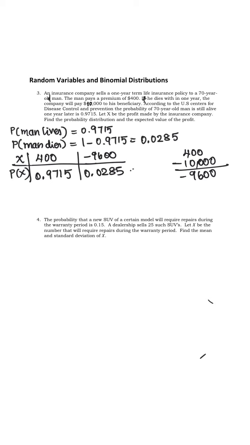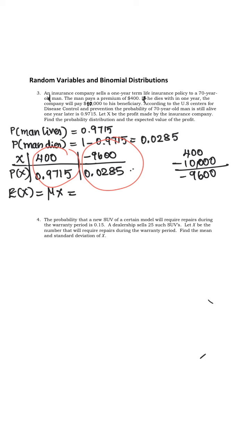So expected value of the profit means multiply all these together and add. If it is a positive value, then it will be a gain. If it is a negative value, that will be a loss.